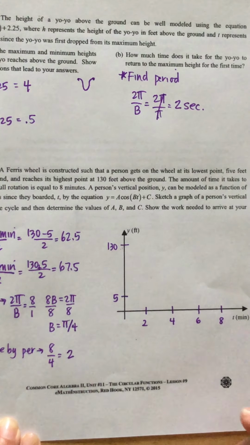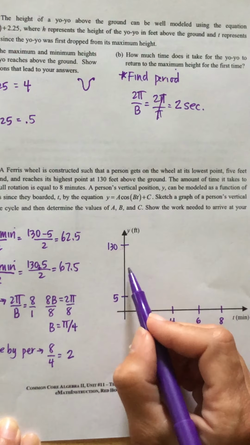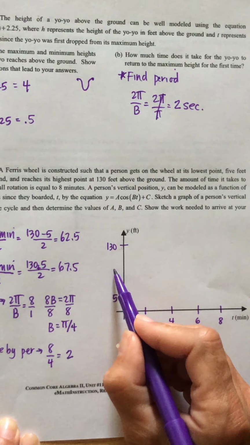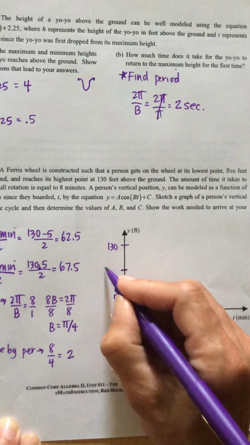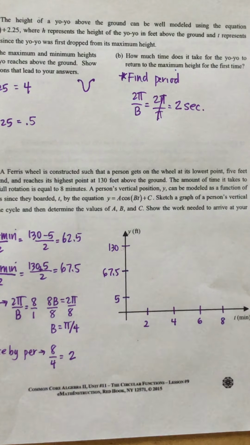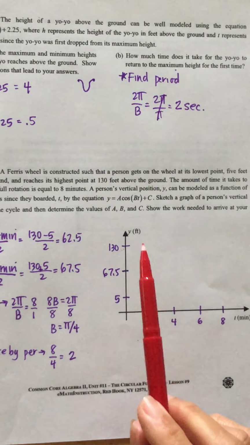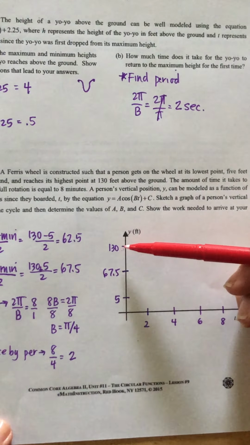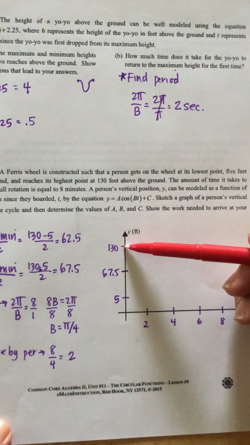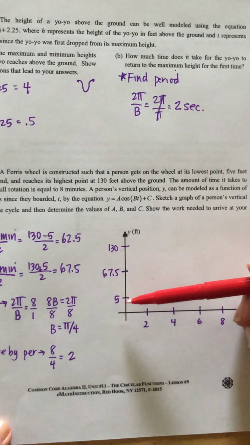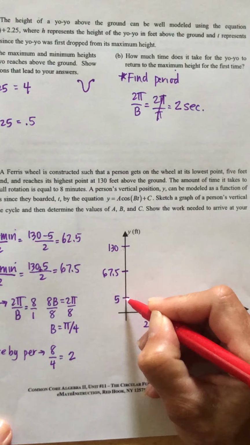Now, to help us graph, we know we have our midline. That midline is right here at 67.5. Okay, so we're going to sketch this. Now, this is where it's important. We get on at the low point. We're not getting on up here. Traditional cosine curves start up here, but they can start at the minimum. So we're going to do that. We get on at time 0.